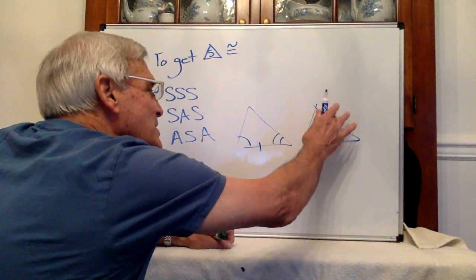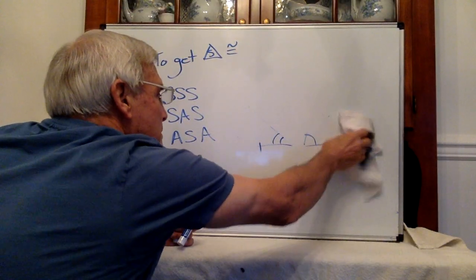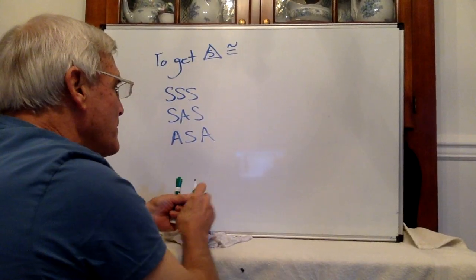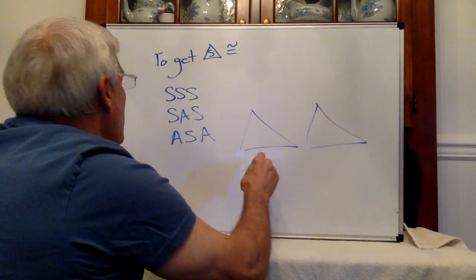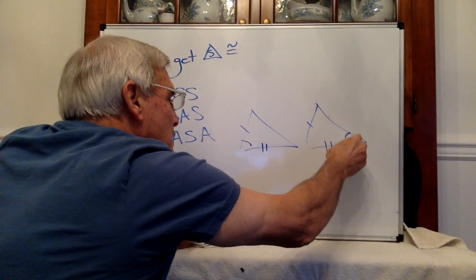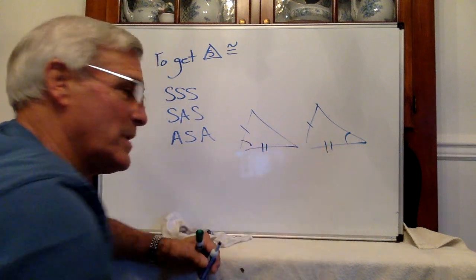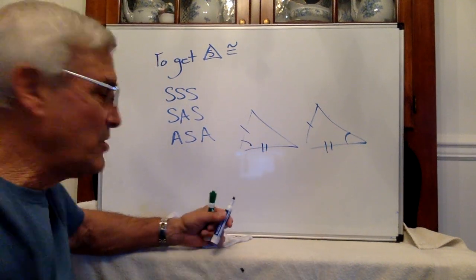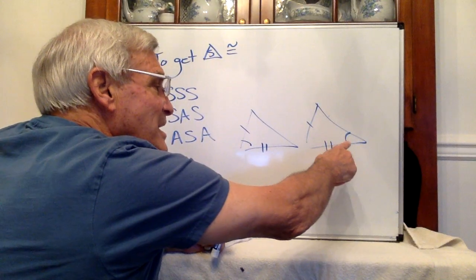And likewise, side, angle, side, be careful. Even though I have 2 sides and an angle congruent, I cannot say these triangles are congruent by SAS because this is not the included angle.